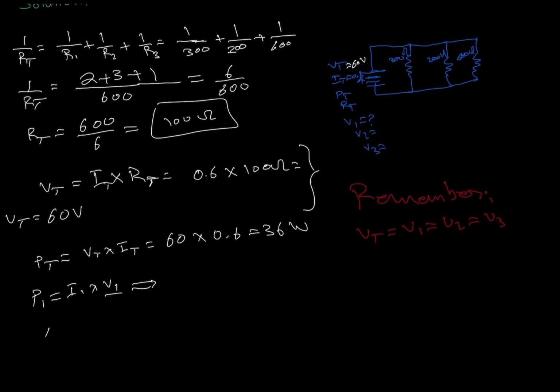So let's find I1 first. Using Ohm's law, I1 will be equal to V1 over R1. V1 is 60 volt, divided by 300, will give me 0.2 amp. So I1 is 0.2 amp.